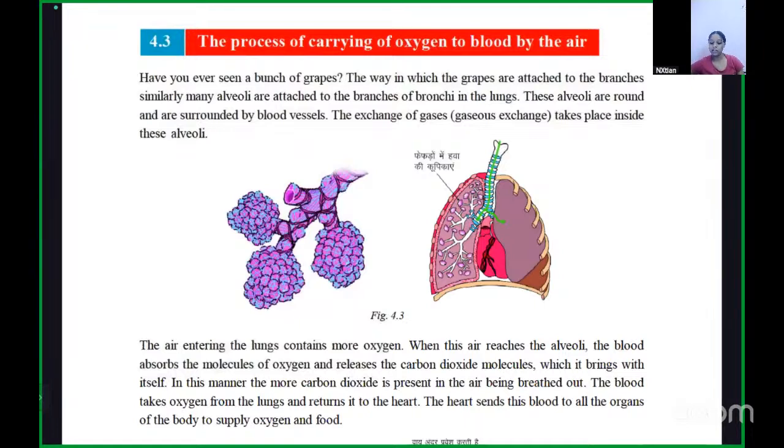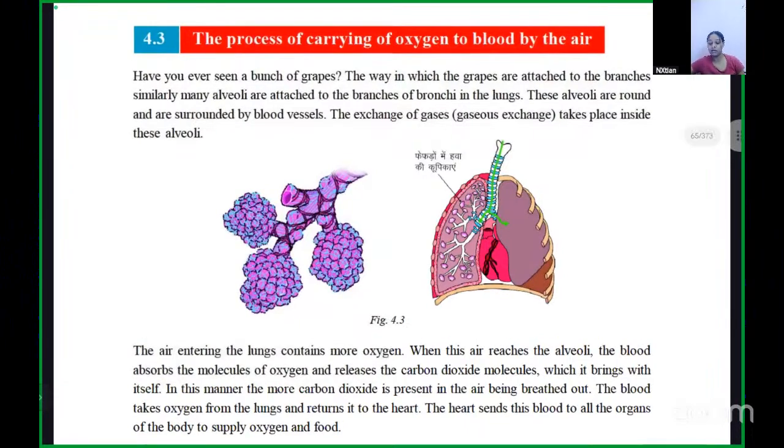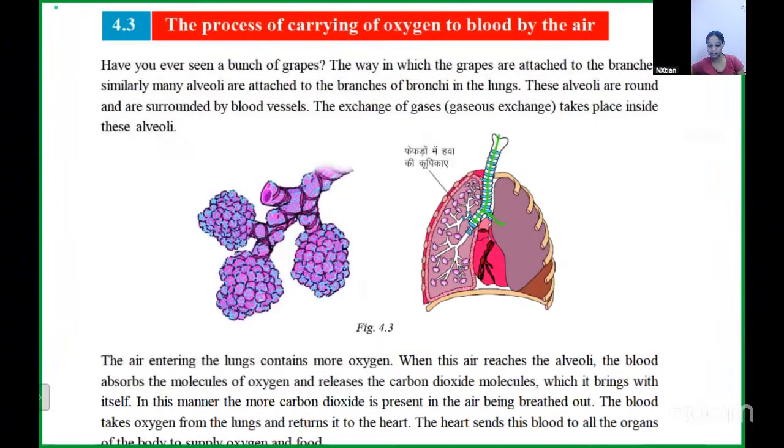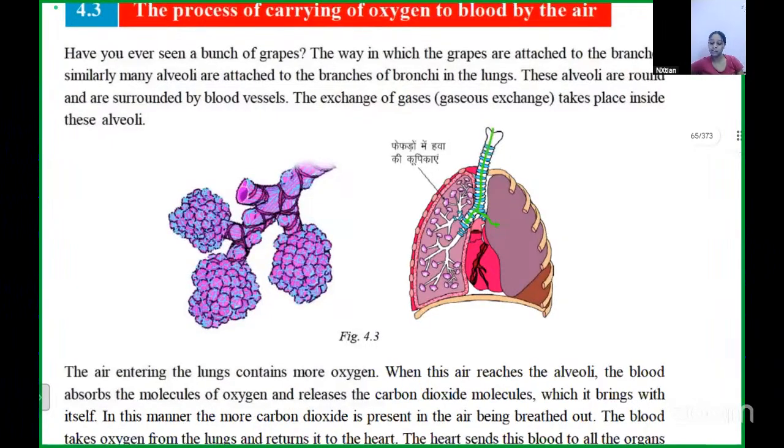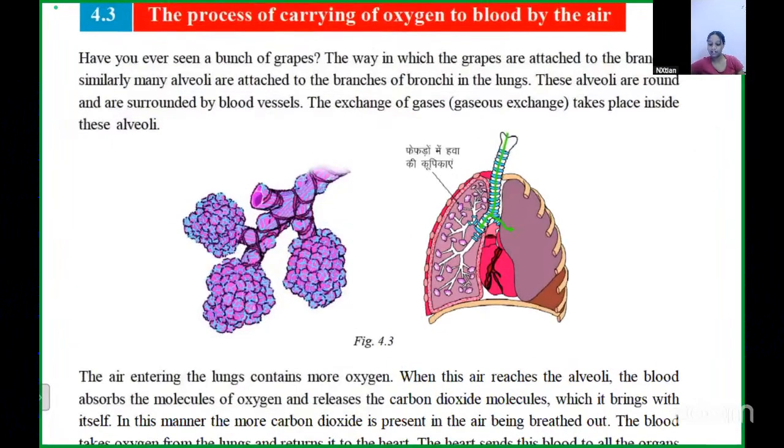Now, when we talk about the carrying of oxygen, the major role is done by the alveoli. It's like a bunch of grapes in structure, and they are attached to the branches of the bronchi in the lungs.